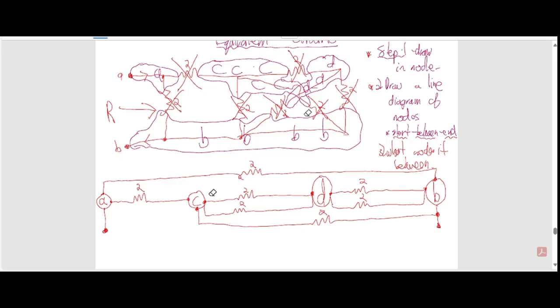Next question. The resistor between A and C and the resistor between A and B. Everybody agree that they're in parallel? You can repeat. The resistor between A and C, and the resistor between A and B. Everybody agree that they're in parallel.